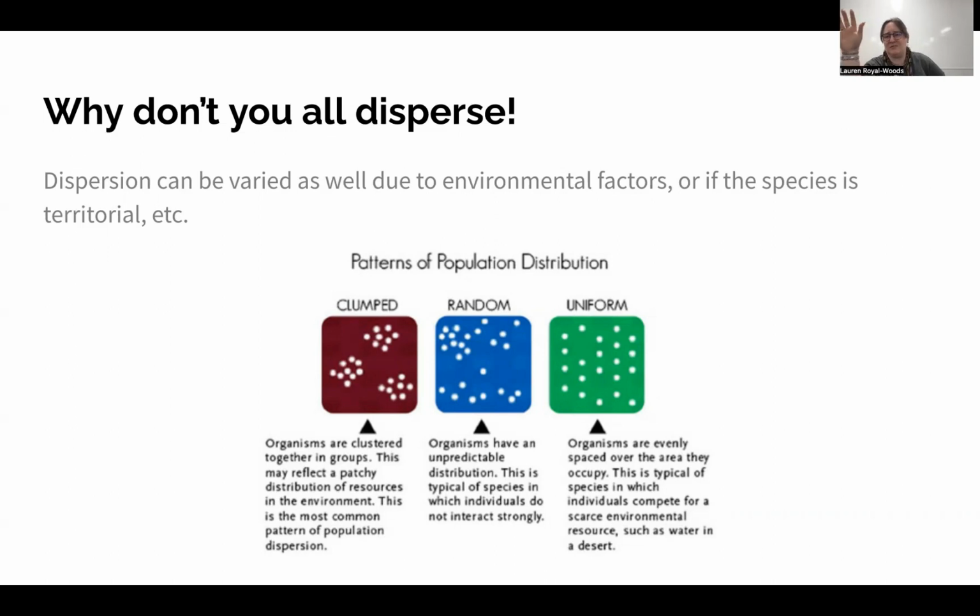Acres and acres of farmland, and then tiny towns splotched out. That's the most common population dispersion: we congregate in certain areas, and then there are swaths between the towns. This reflects patchy distribution of resources in the environment.